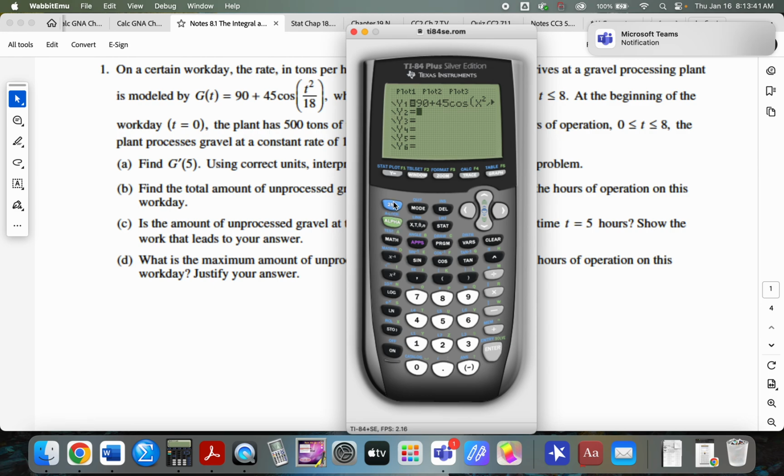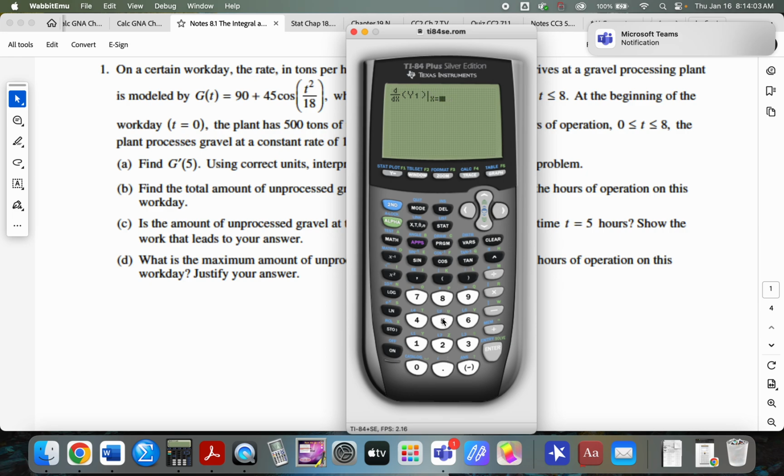So I'm going to quit out of that. I'm going to find the derivative, which is math 8. The derivative with respect to x of, to get to that, it's alpha trace, and it's right there, Y1.